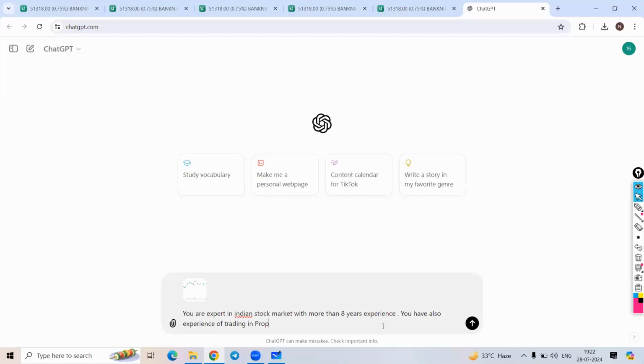I applied a little butter. So I made it slightly AI, I pushed it to a level. Chat GPT, you are an expert in Indian market with more than 8 years of experience. You have also experience of trading in the prop firm.